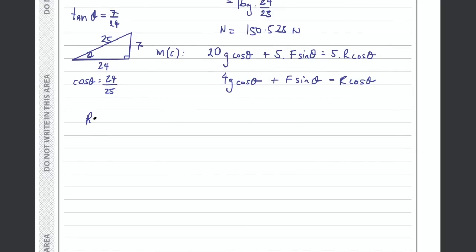So let's say resolve vertically. We can say R plus N cosine theta is equal to 20g. I have a value for N, remember, and I can work out 20g. So R is going to be 20g take N cosine theta, plugging that all into a calculator.